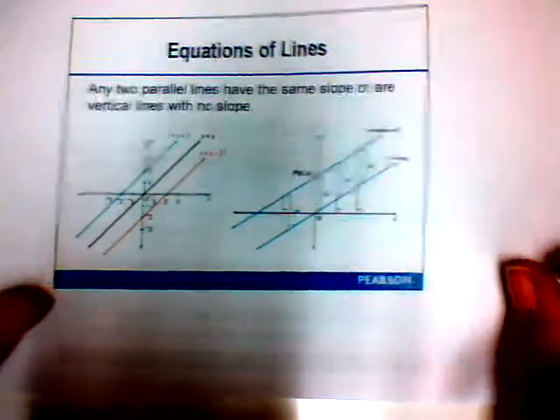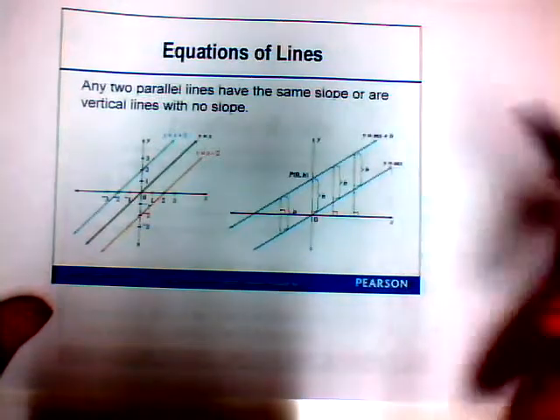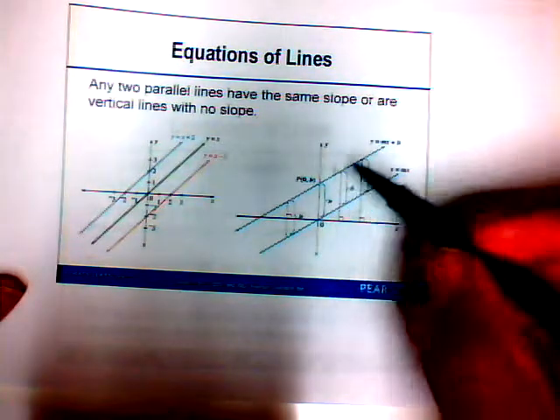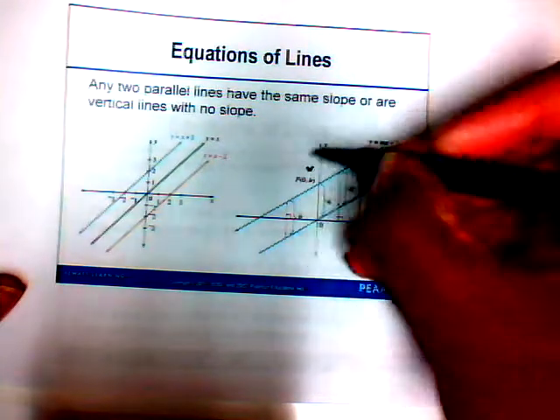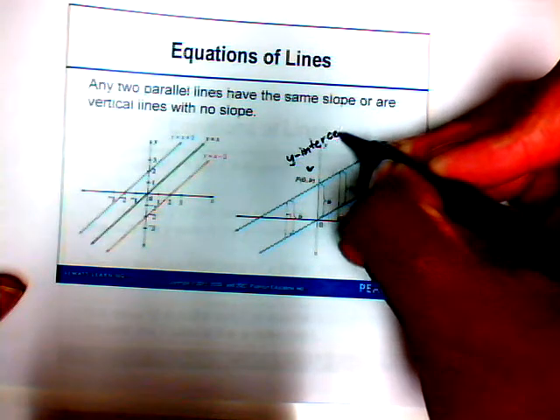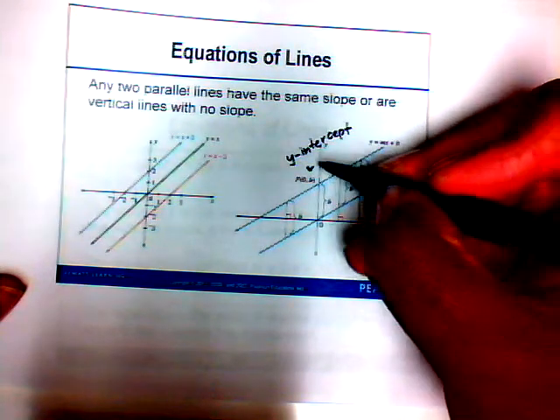So let me go back to this graph right here. Let's take this line right here. Here's P, which is (0, b). That's your y-intercept, because that's the point where the graph crosses the y-axis.